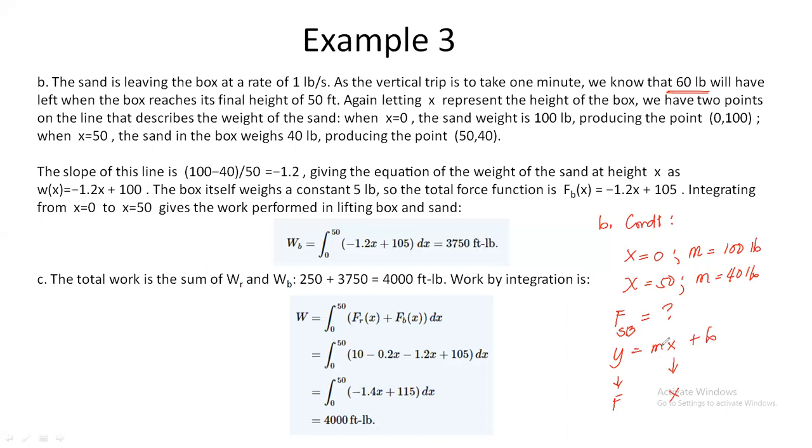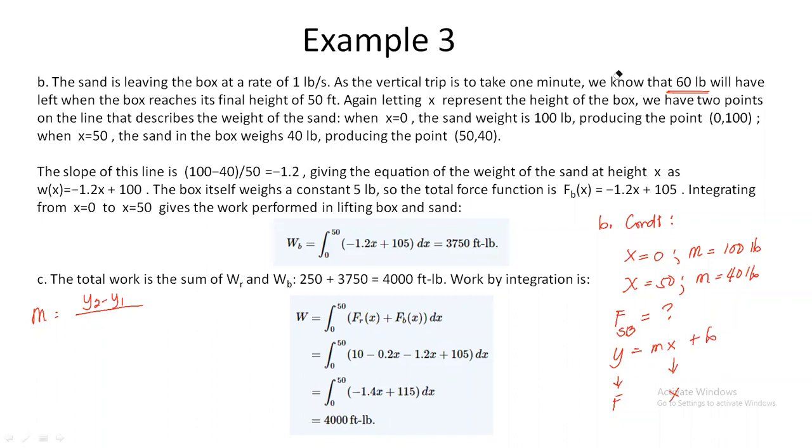So how do we get the slope of this particular line? Just like in your analytic geometry, you have m equals y2 minus y1 over x2 minus x1. Okay, you know this is the formula for the slope. So we will find the slope of the line.